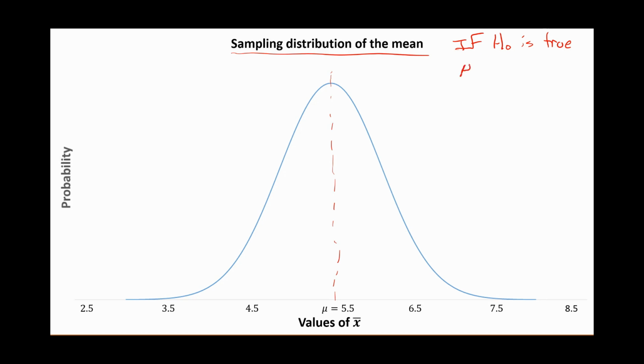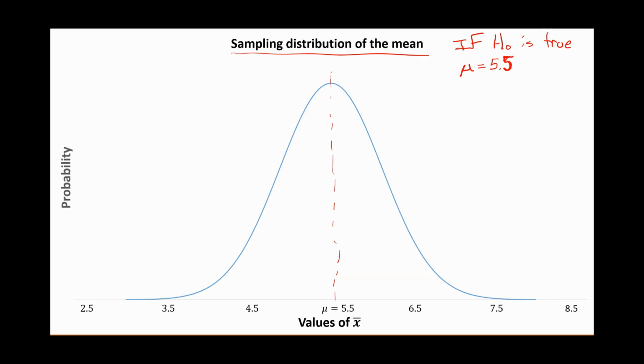That is, if mu actually is equal to 5.5, this is the distribution that you would find. This is what the distribution would be for the sample mean. And so now we're going to ask ourselves those questions that I showed a moment ago.